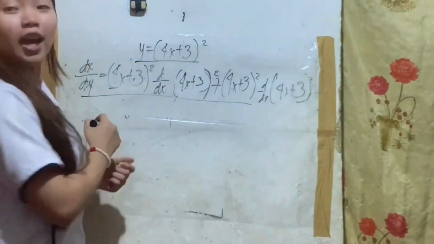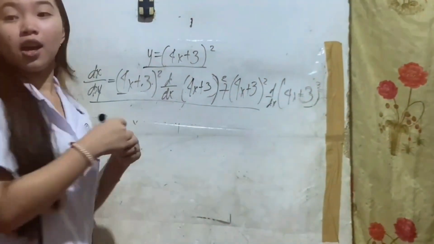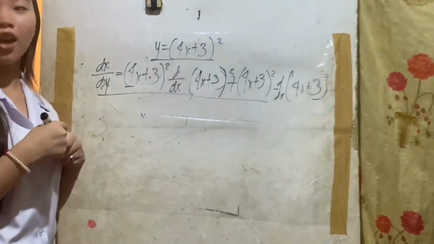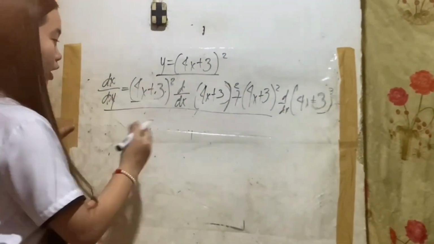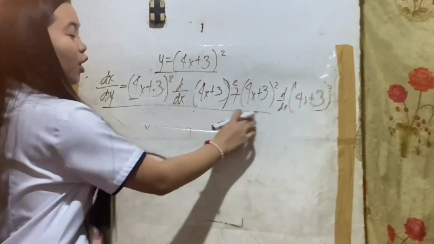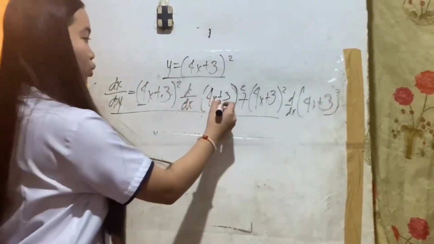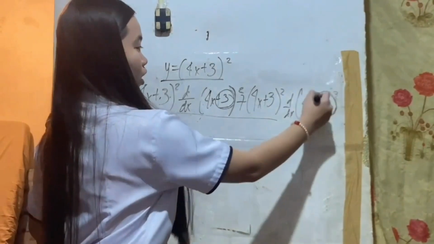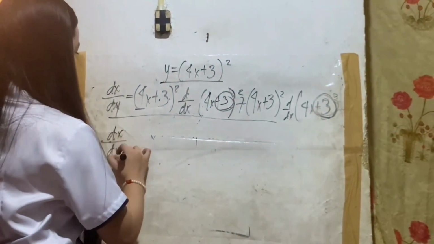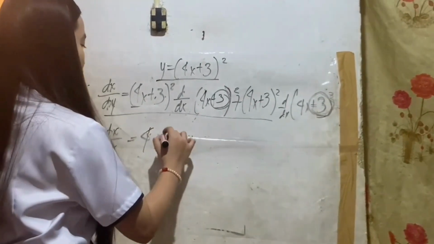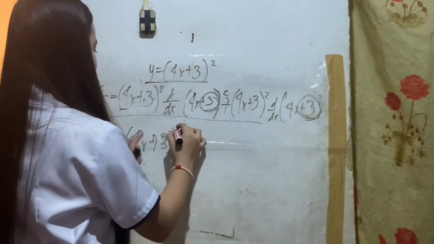After we write the formula, we will proceed to the next step, where we keep the terms that have no exponent, because the number it comes with has no exponent. So we will write this, then we remove the number that has no exponent, which is the 3, and this one. So we will write (4x plus 3) squared.